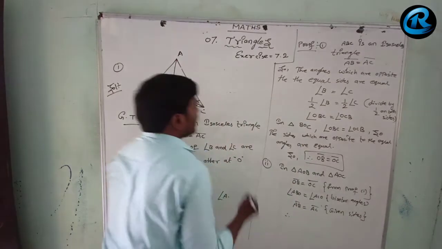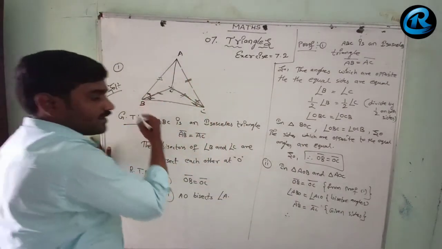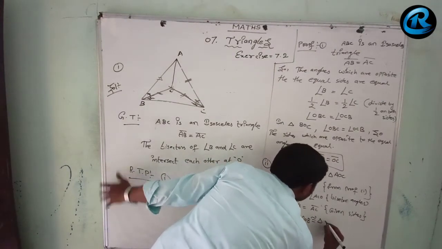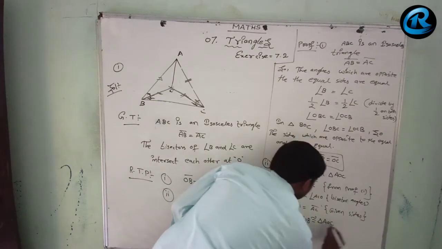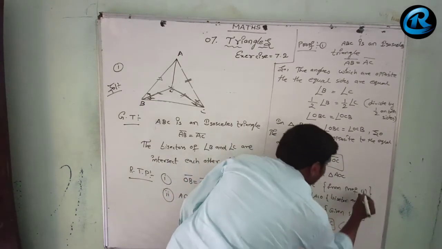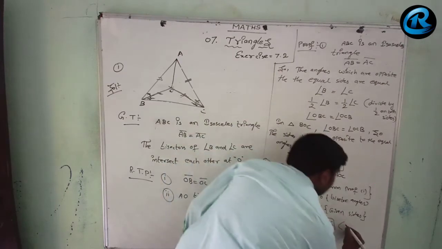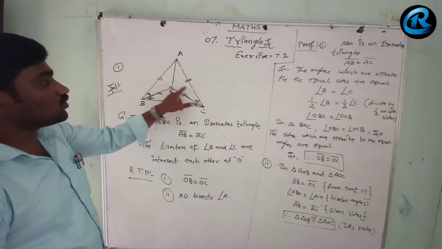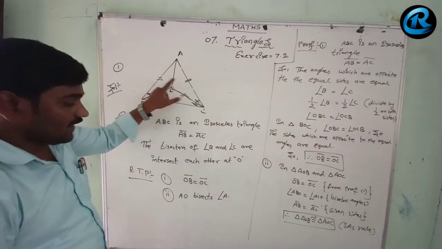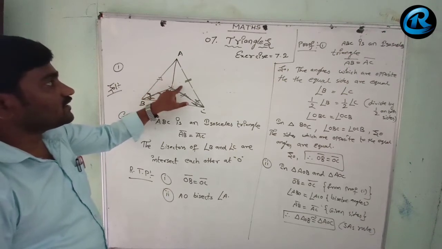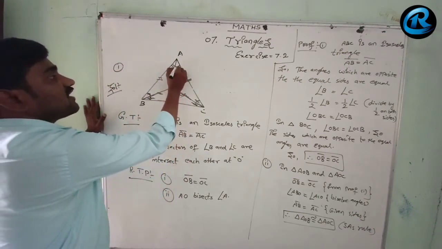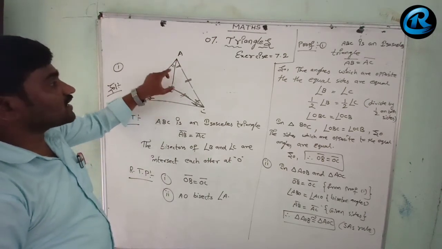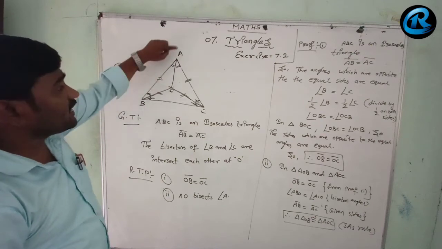So now we can confirm that triangle AOB is congruent to triangle AOC by the side angle side rule. If these two triangles are congruent, the corresponding parts of these congruent triangles are equal.